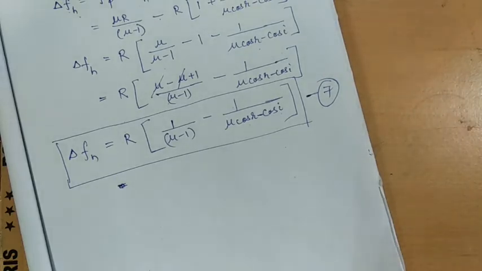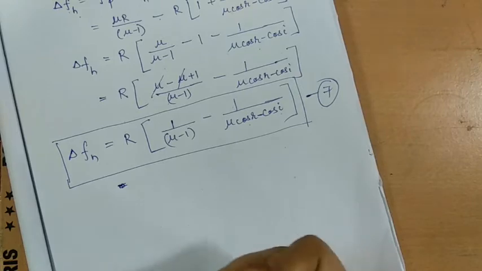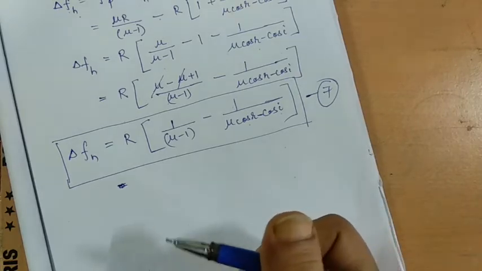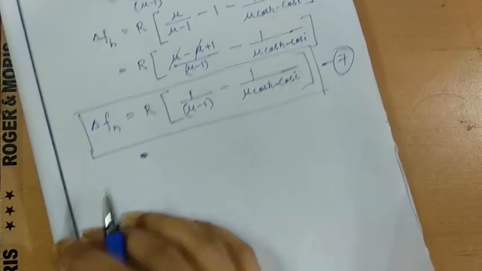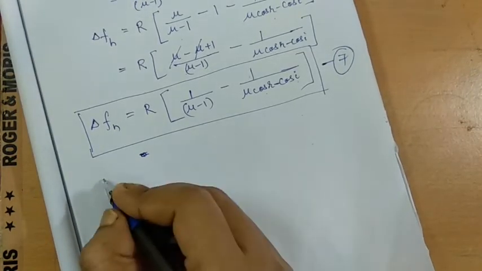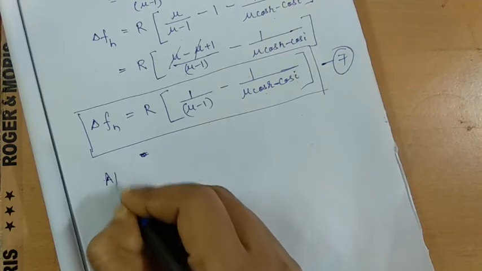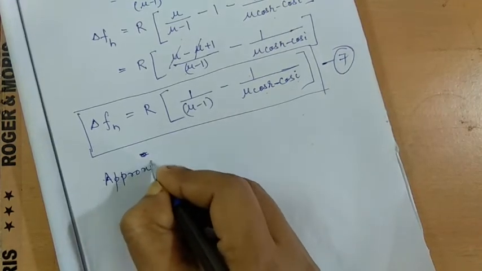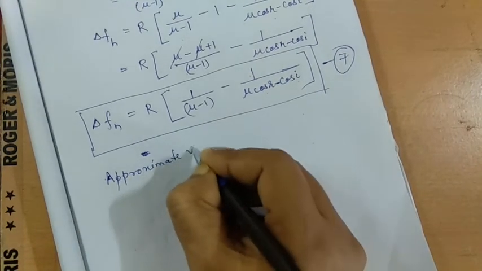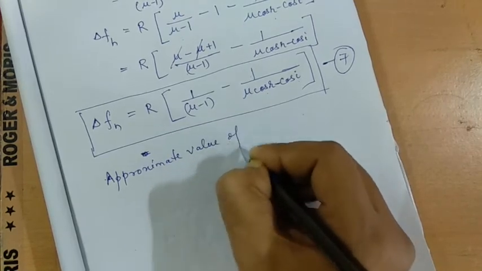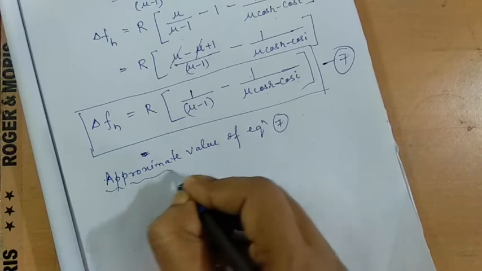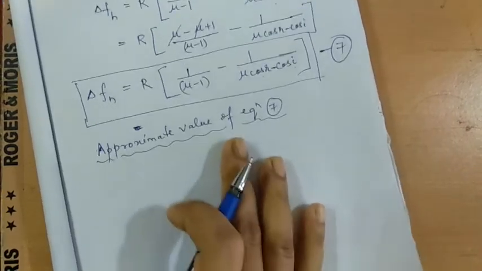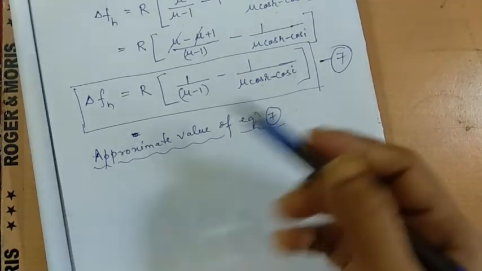Now we are going to calculate the approximate value of this longitudinal spherical aberration. So how can we calculate this value?